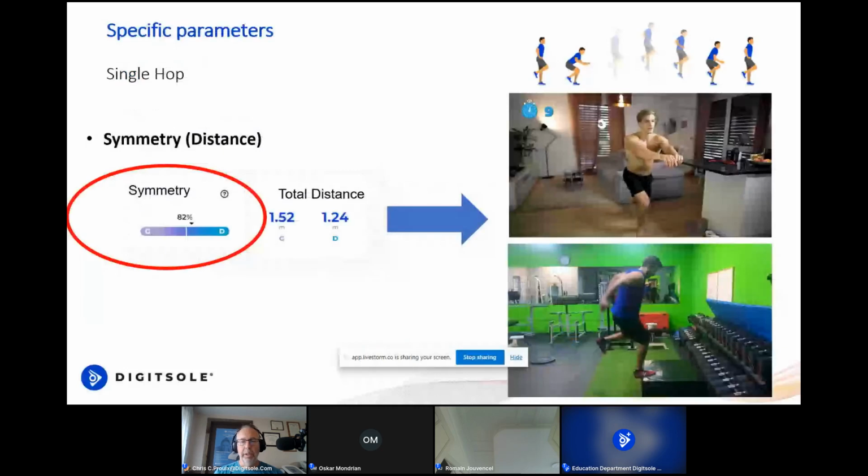Similarly, when we look at the difference between the distances that they jump and some of the characteristics that we capture from our system can lead us down the pathway of a good intervention program, which again, if we determine if it's strength, if it's power, it could be adding some plyometric activities into their training regimen, strength activities such as the double leg squat or the single leg squat or lunge activities.